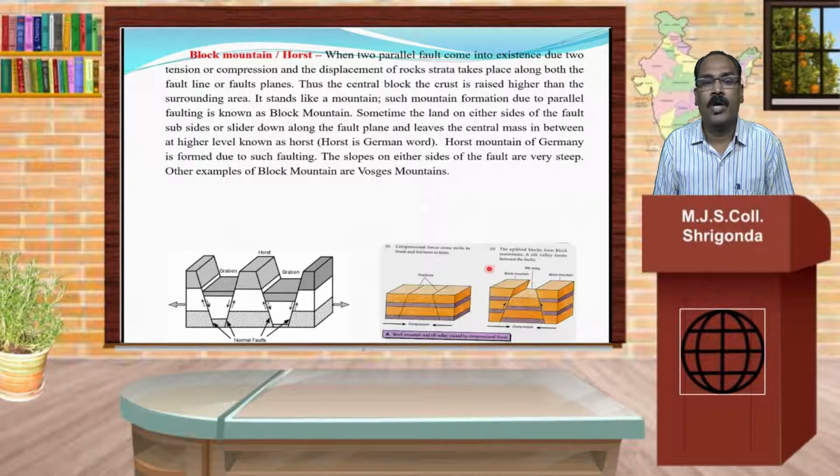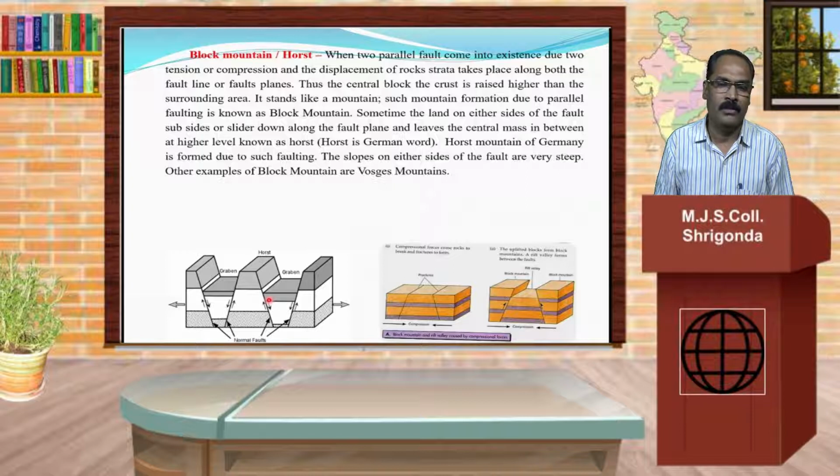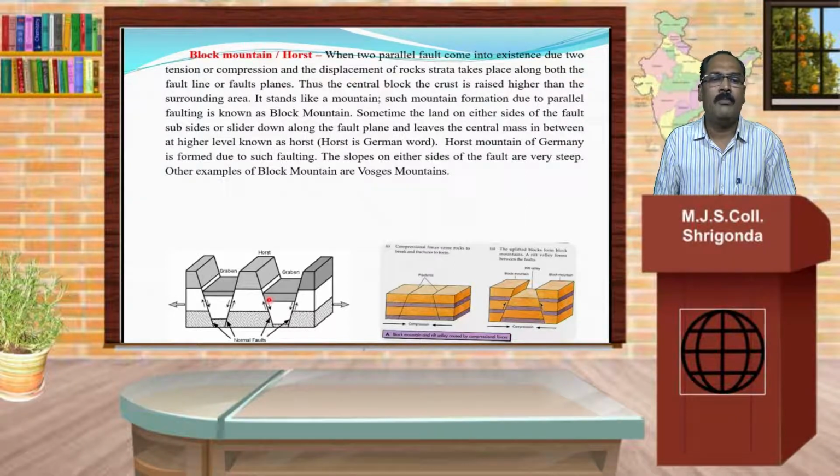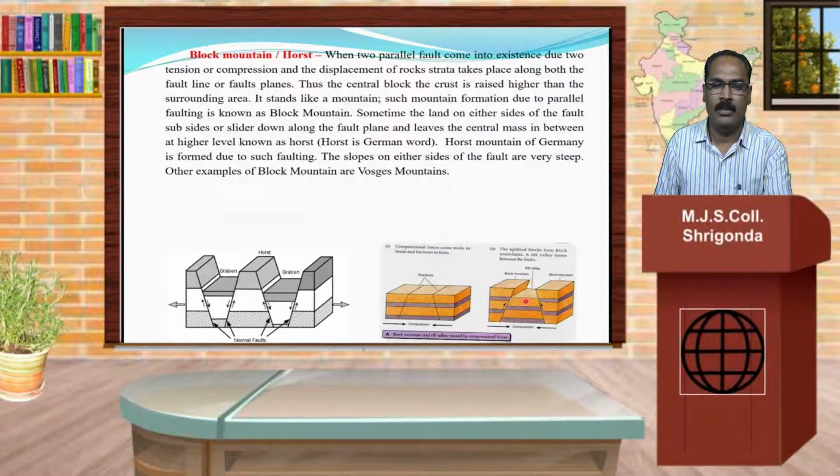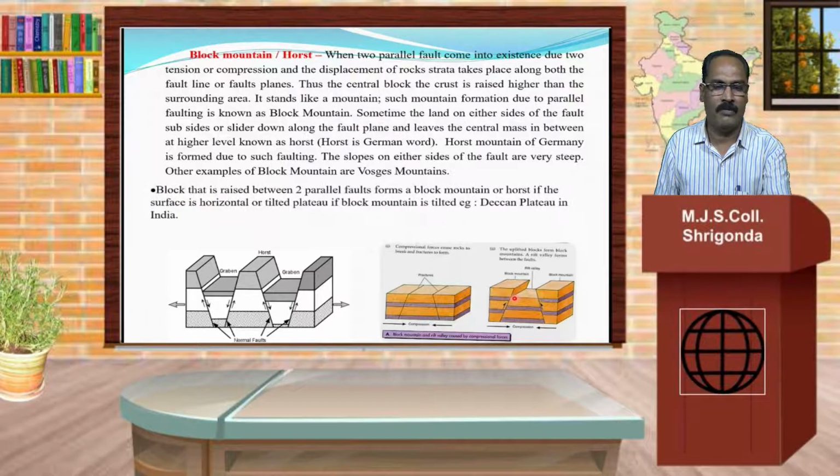The slopes on either side of the fault are very steep. Another example of block mountains is the Vosges mountains. These are photographs.